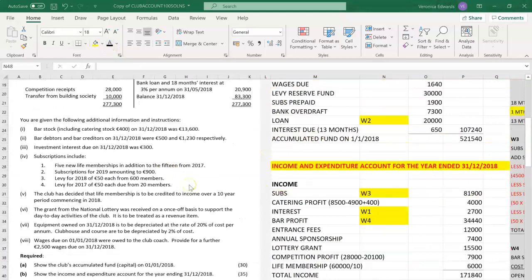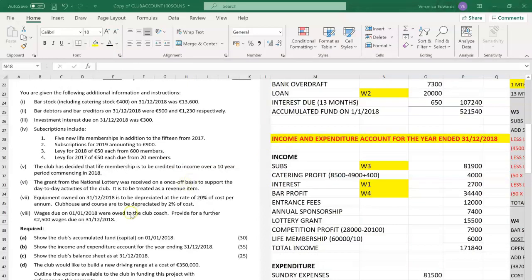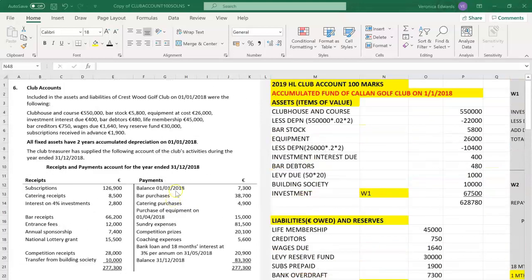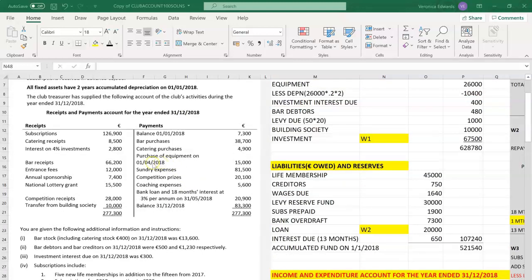Now we need to work out the depreciation on our equipment. So we're told that equipment is depreciated at 20% of cost, but we're also told that we need to depreciate equipment owned on the 31st of December. So in this case here, if you remember, we owned equipment at the beginning of the year which cost us 26,000. But we purchased additional equipment during the year on the 1st of April, and that equipment cost us 15,000.